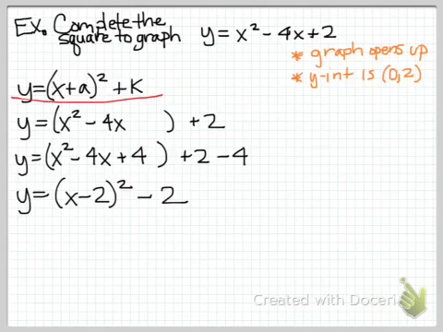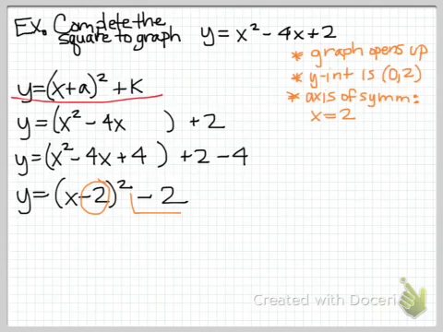So I know a little bit more information. I can take that negative 2, and I know my axis of symmetry is x equals 2, because again, you're taking the opposite of that number. And then I also know that the y value of my vertex is going to be negative 2.